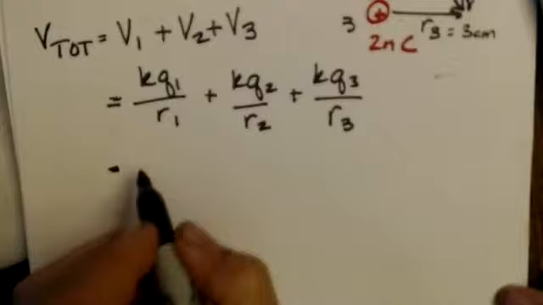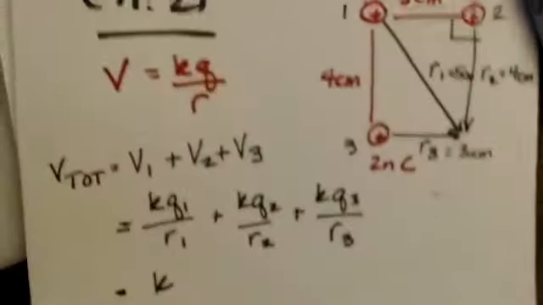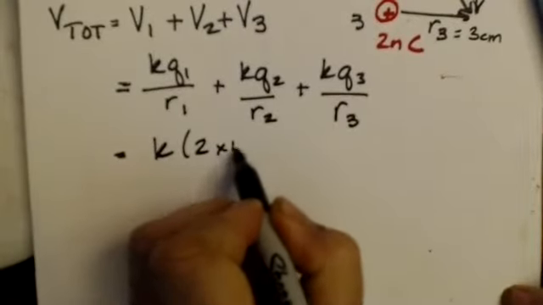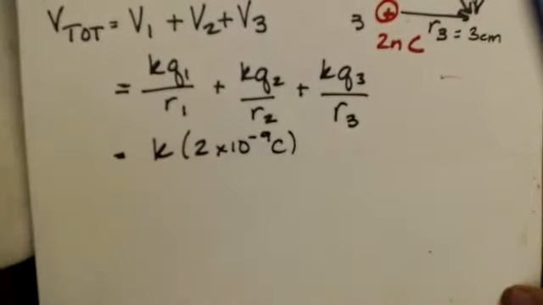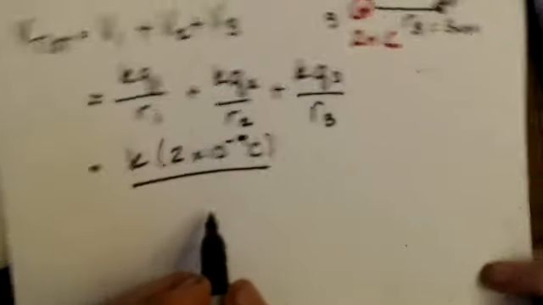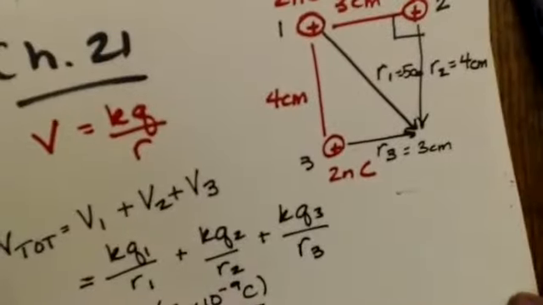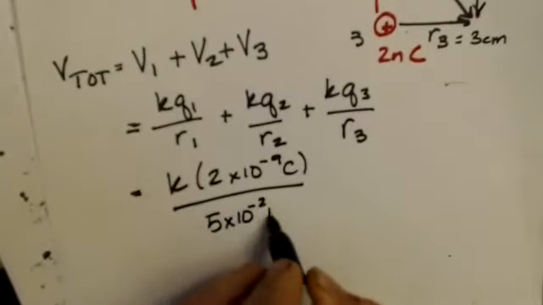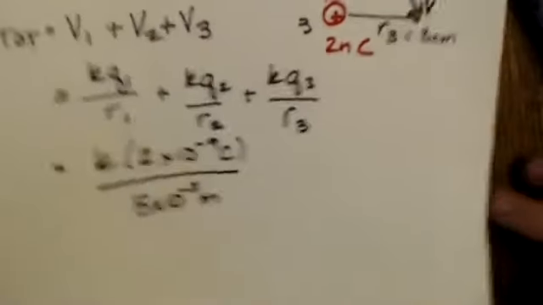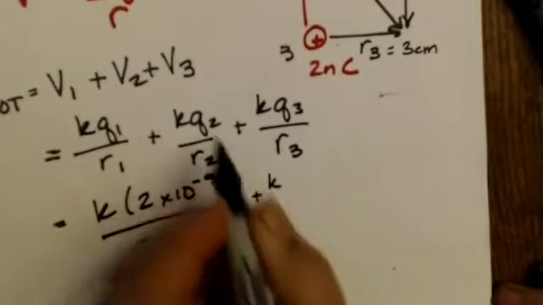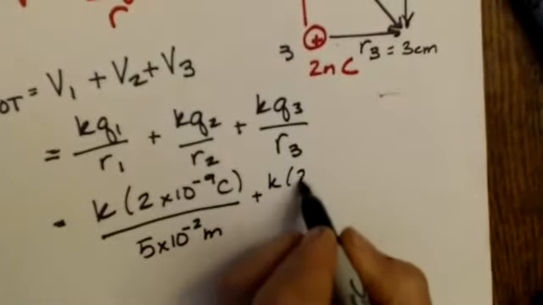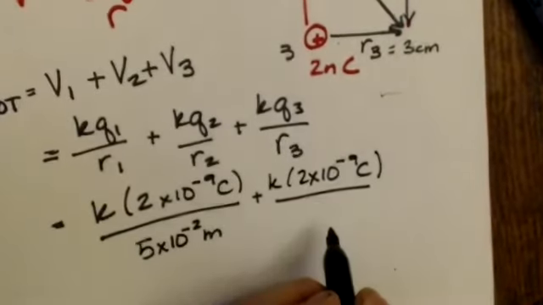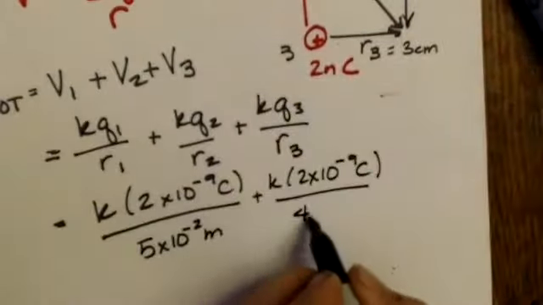We know Q1, Q2, and Q3 are all 2 nanocoulombs. I don't like nano, so I'm going to write that out as 2 times 10 to the minus 9, over R1, which we know from our picture is 5 centimeters, so 5 times 10 to the minus 2 meters. I don't like centimeters either. Then kQ2 is also 2 nanocoulombs, written out over R2, which was 4 centimeters.